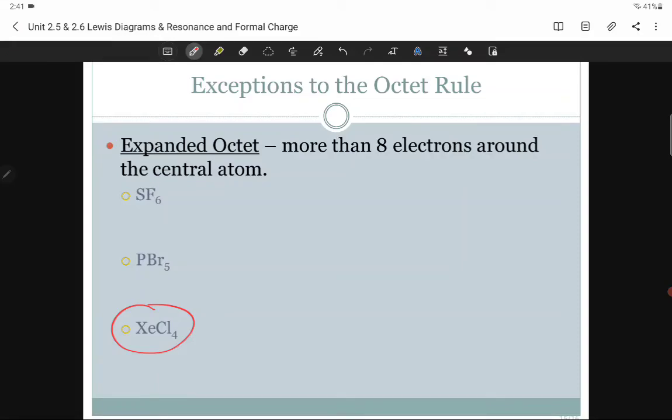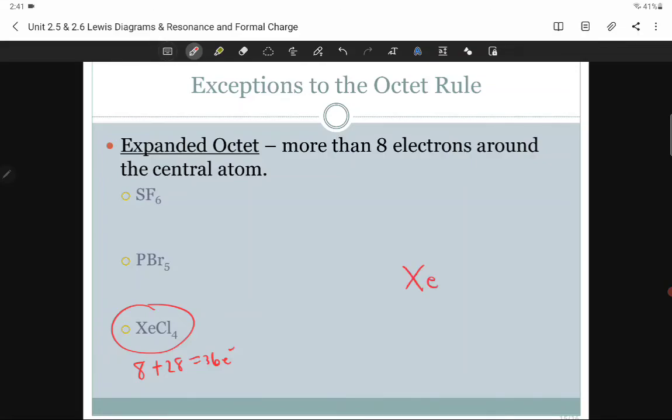So let's do this one. Xenon is in the 8th column, and chlorine is in the 7th, but there are 4 of them, so that's a total of 28 electrons with all the chlorines. So that's 36 electrons. That's a lot.